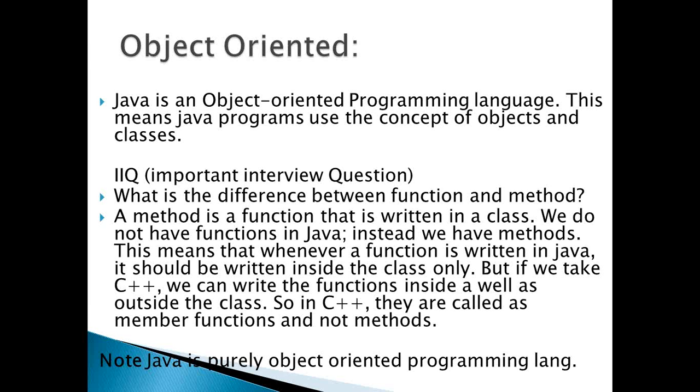In Java also, everything will be written in terms of objects and classes. The vocabulary like function which we used in C and C++ is called a method here. Why it is called a method we will see down the line in the next coming classes.